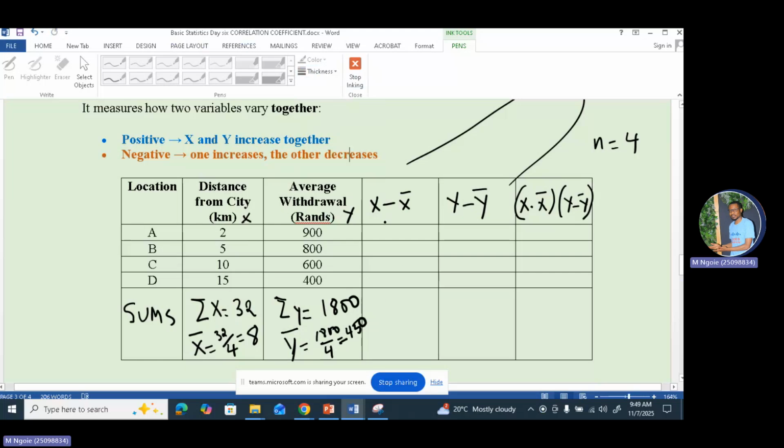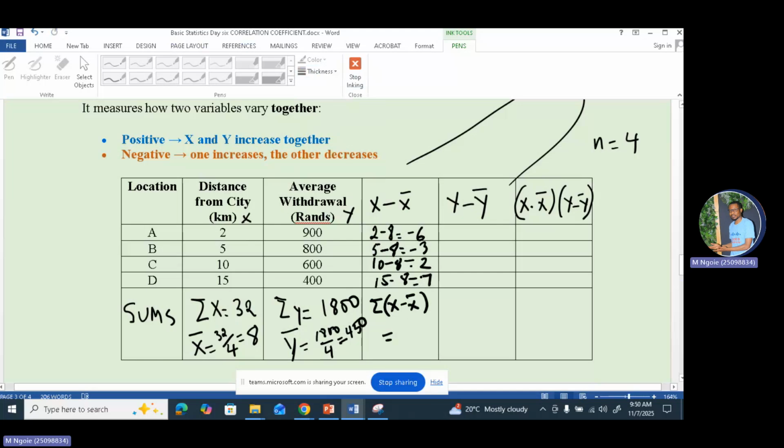Now here it's x minus x bar, 2 minus 8, that's gonna be negative 6, 5 minus 8, negative 3, like 10 minus 8, it's gonna be 2, 15 minus 8, that's gonna be 7. And here it's the sum again.